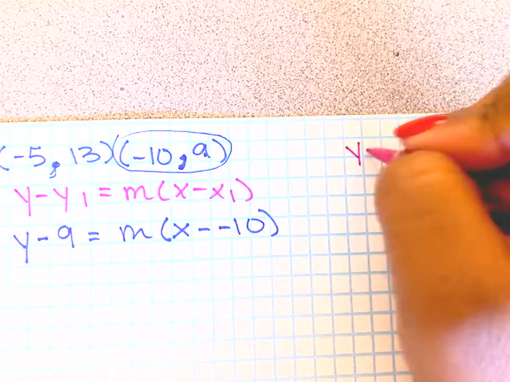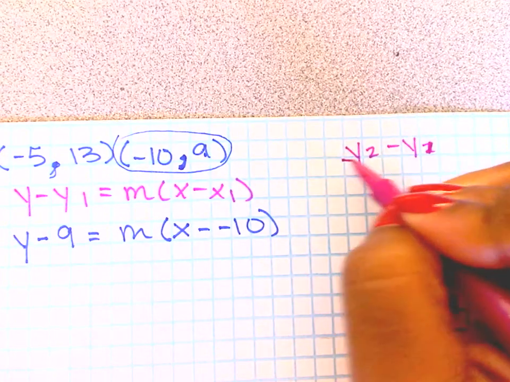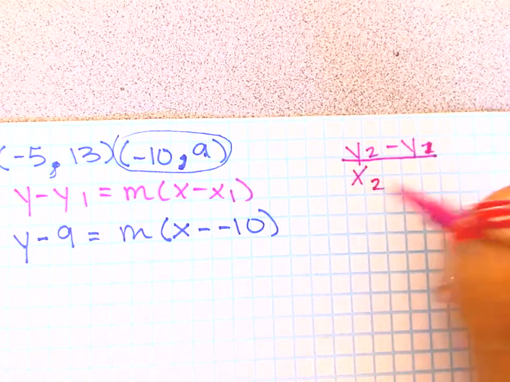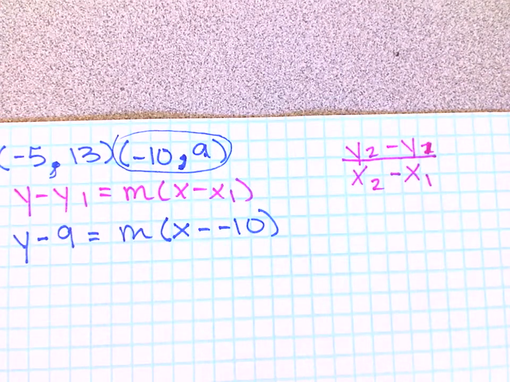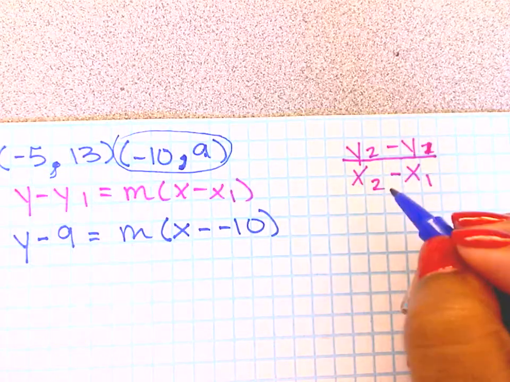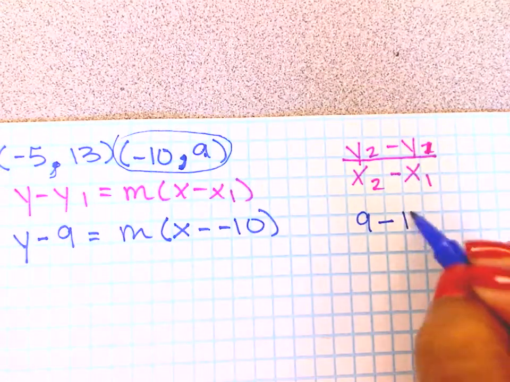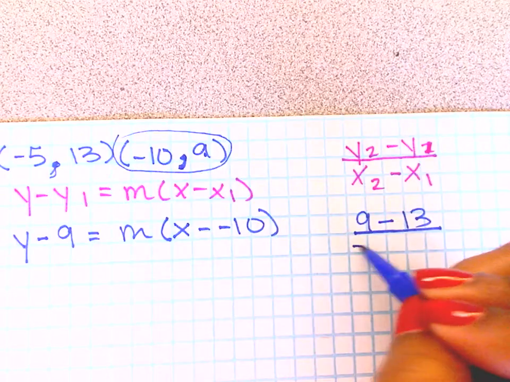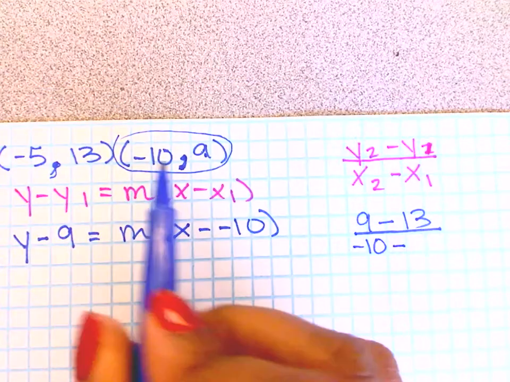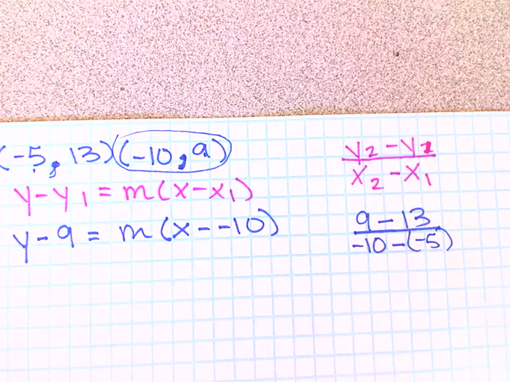Use the formula y2 minus y1 over x2 minus x1. So I have to find the slope first. My y2 is 9 minus my y1 which is 13, over x2 which is negative 10 minus x1, which is negative 5.